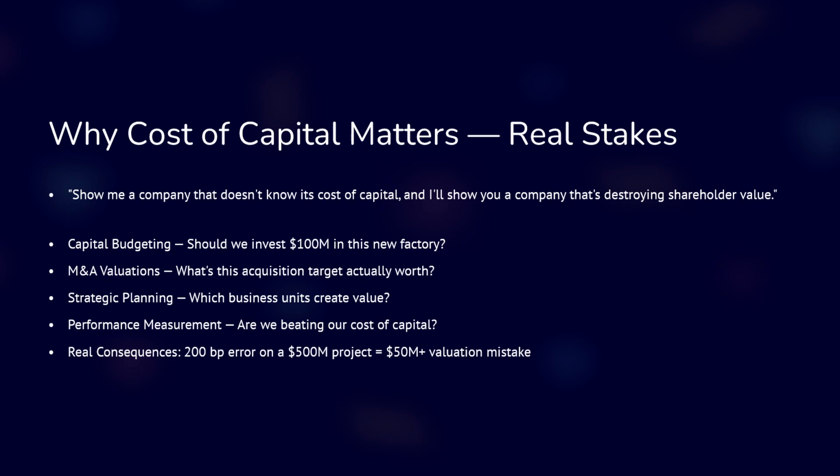General Electric in 2017 and 2018, their problems were amplified because they had been using cost of capital estimates that didn't reflect the true risk profile. When reality hit, their cost of capital spiked, making many business units value destructive literally overnight.